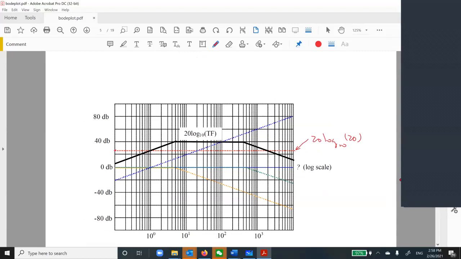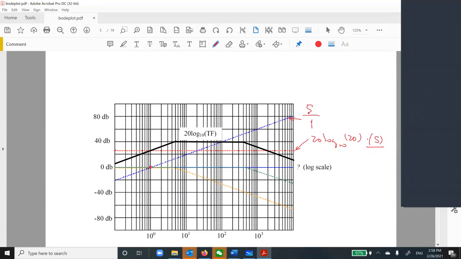So what is the one with S? There's an S in here. S will pass through 1, because 10 to the power of 0 is 1. So this is 1. This is actually S divided by something, but it's just S divided by 1.